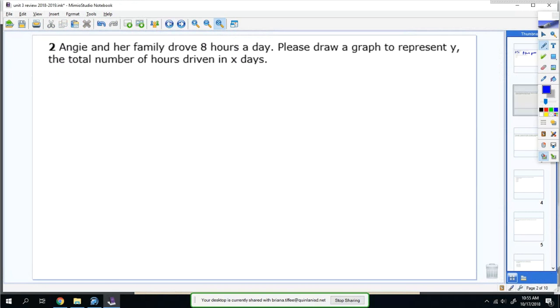Okay, number 2. Angie and her family drove 8 hours a day. Please draw a graph to represent y, the total number of hours driven in x amount of days. If you have a graph, y is hours, which is usually x, but in this case, we're representing two forms of time, hours and days, where x is days.